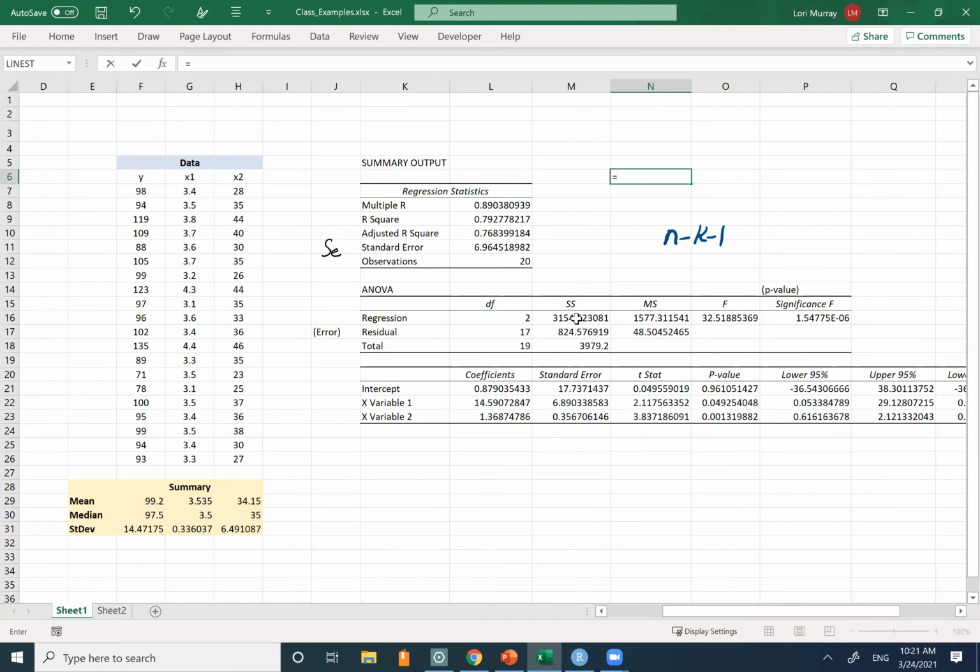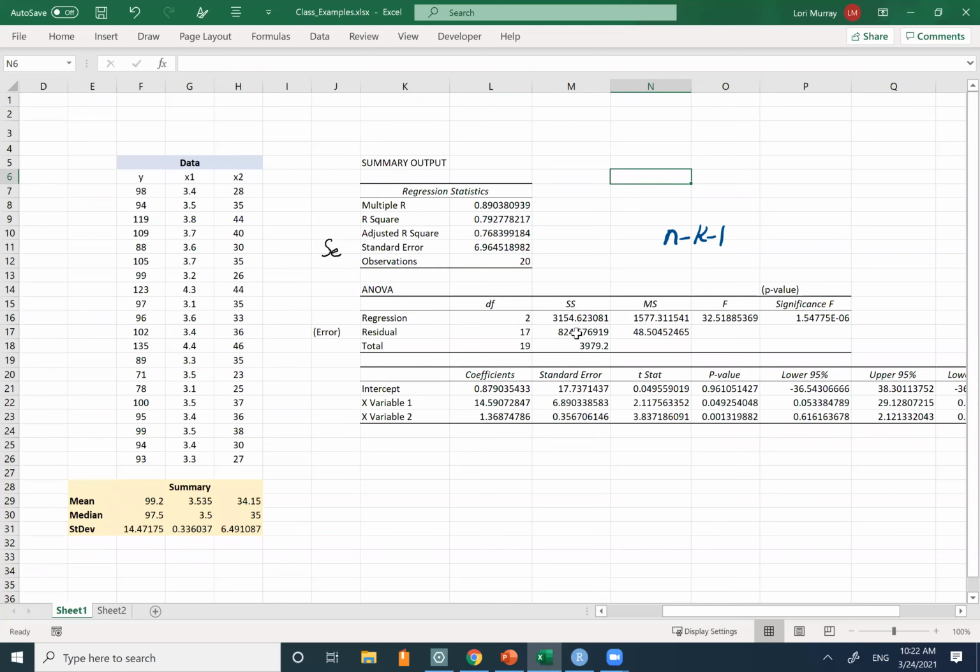You can pick any cell you want. I'm going to click that one and divide by this cell. And you guessed it, it should equal the mean square for the regression. And it does. 1577, 1577.